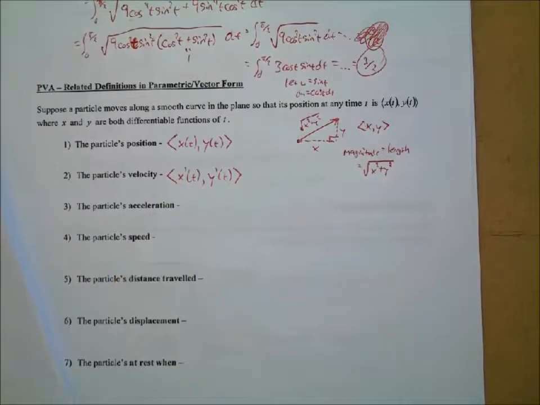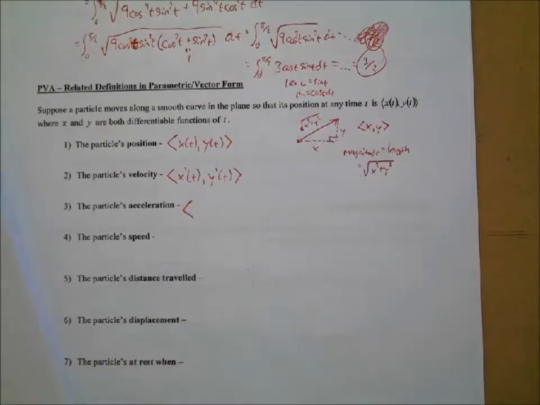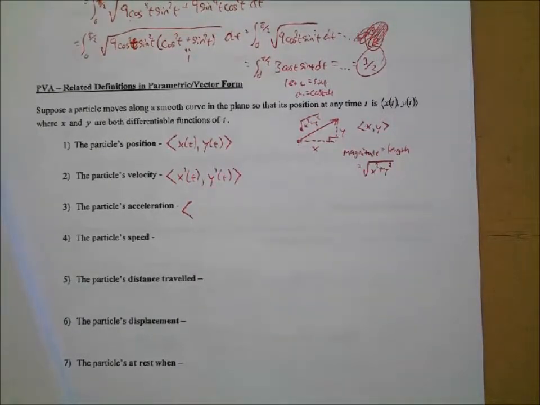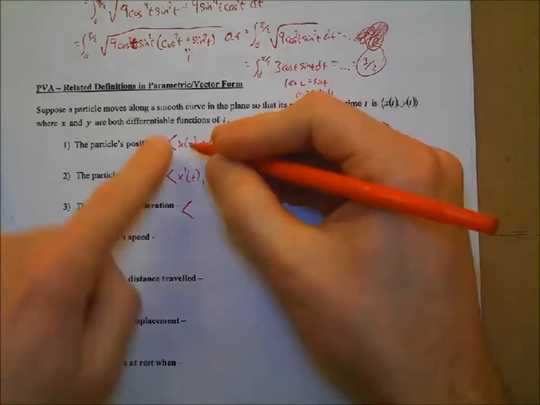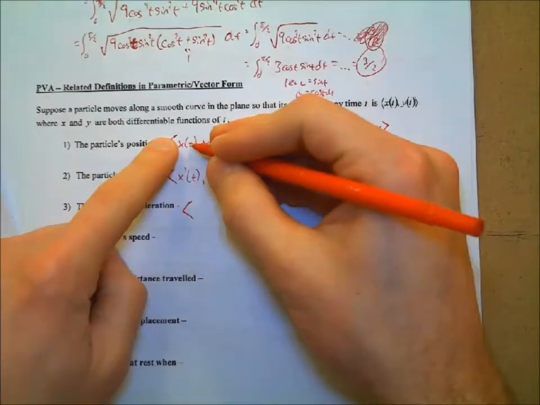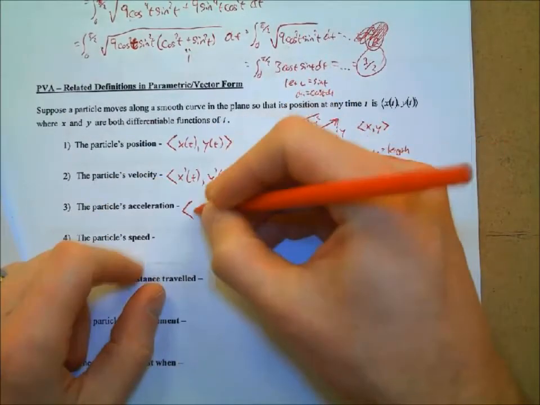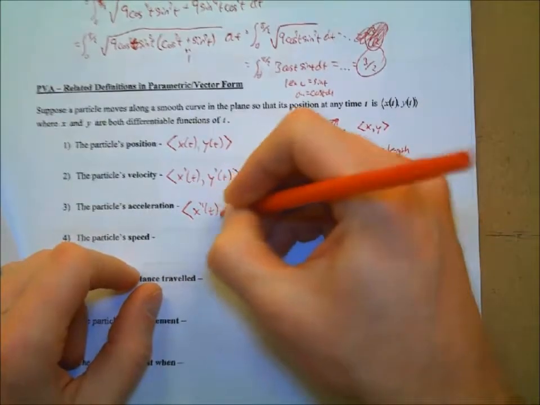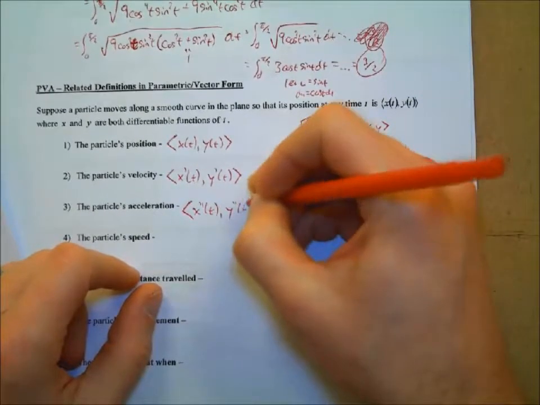What about acceleration? How do we find the acceleration given the velocity? Second derivative. So if x of t is the original function and x prime of t is the velocity, then the acceleration is x prime prime of t comma y prime prime of t.